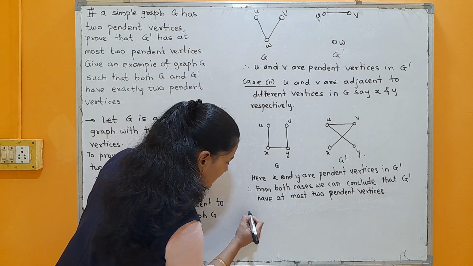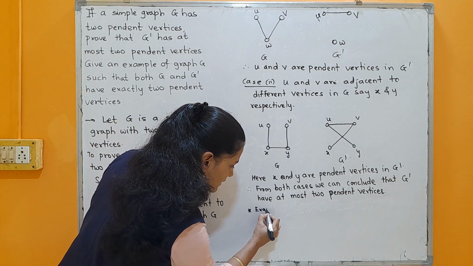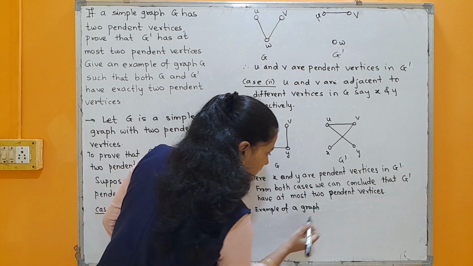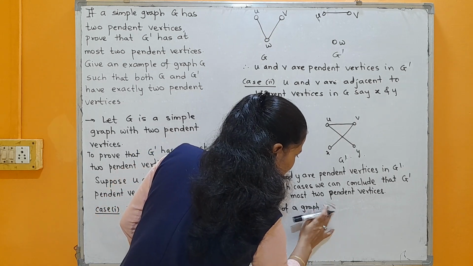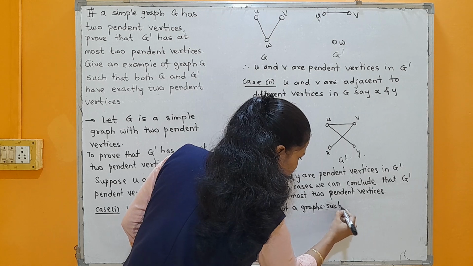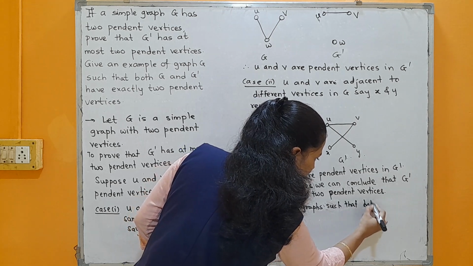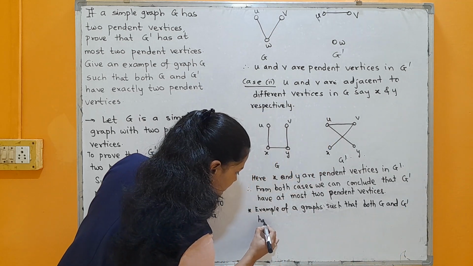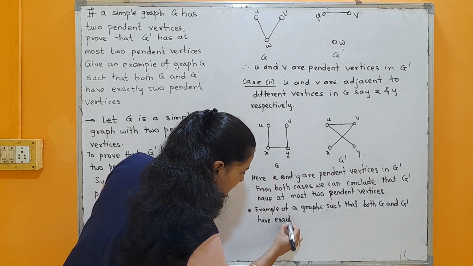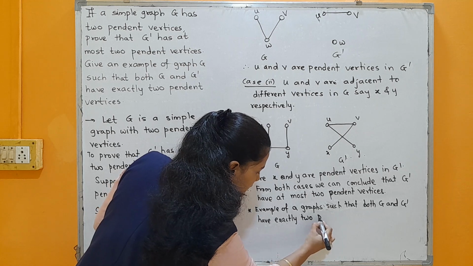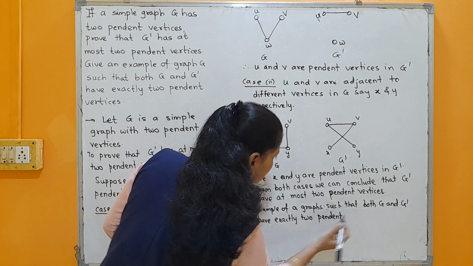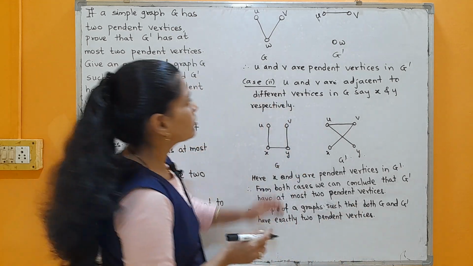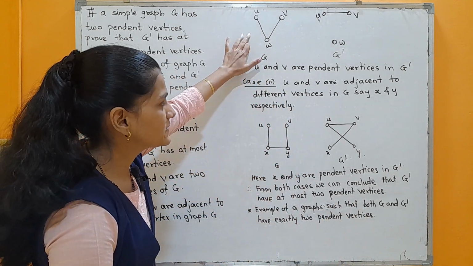So I am writing an example of a graph such that both G and G dash have exactly two pendant vertices. You may draw this graph or this graph. I am drawing this graph.